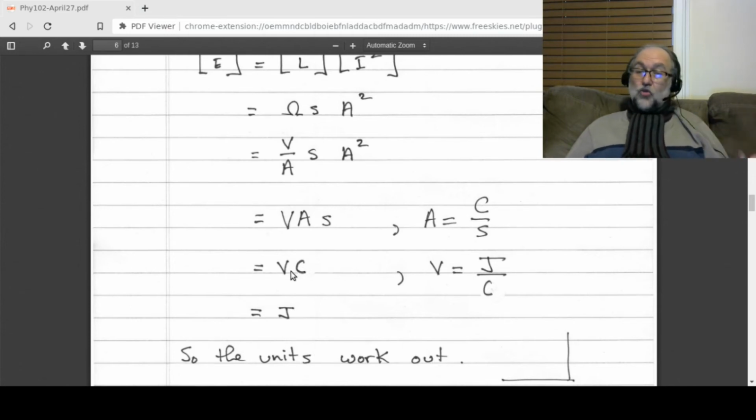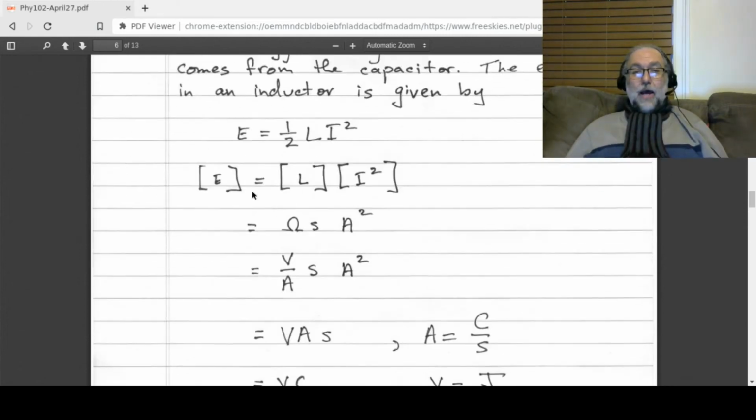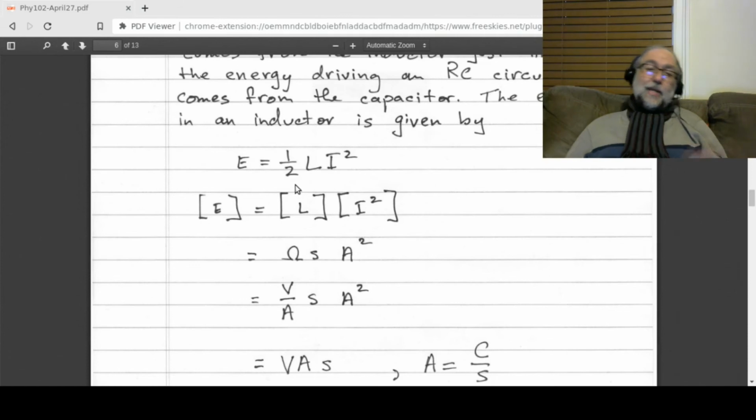A volt is a measure of potential. It's how many joules per coulomb, how many joules of energy for every coulomb of charge. If you put that in there, the coulombs cancel and it reduces to a joule, as you expected. I didn't prove the 1/2 in front, but the L i squared, at least, you know is some kind of an energy. So E is equal to 1/2 L i squared.